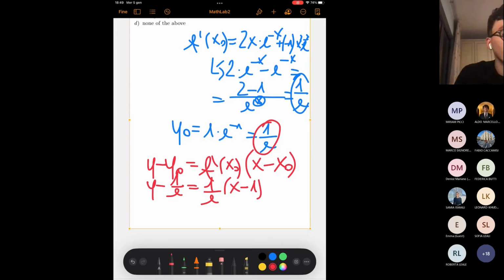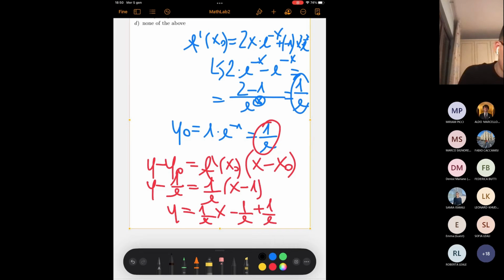And so now the formula for the line is basically y equal to 1 over e times x minus 1 over e, because it's 1 over e times -1, plus 1 over e.